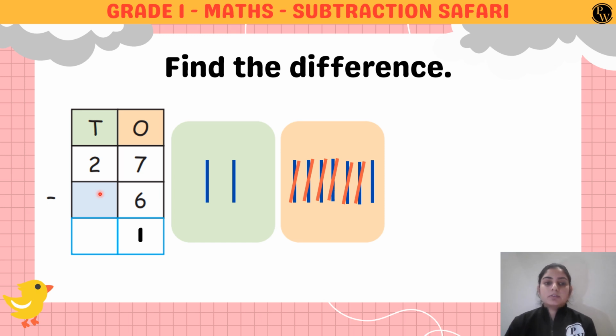So 2 minus 0 gives us 2. So we can say 27 minus 6 is equal to 21. So the difference between 27 and 6 is 21, right? Well done, students.